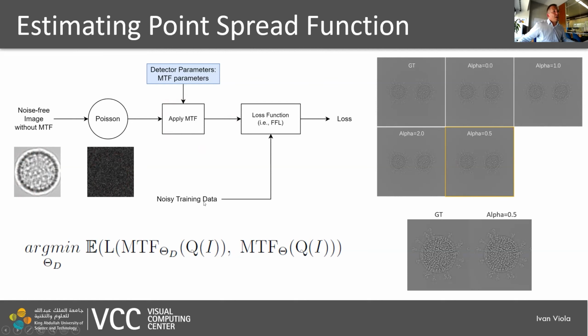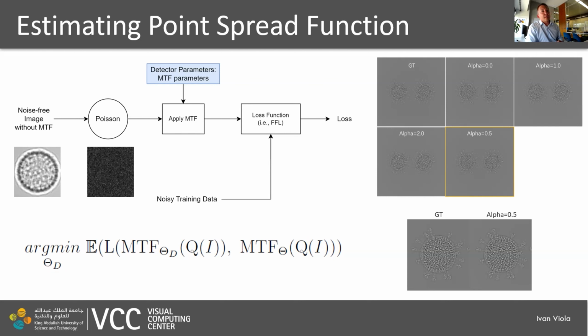If we have our noisy training data with known parameters of MTF, we can then use this scheme for optimization and find out the estimates of the unknown parameters which I was showing you on the previous slide.